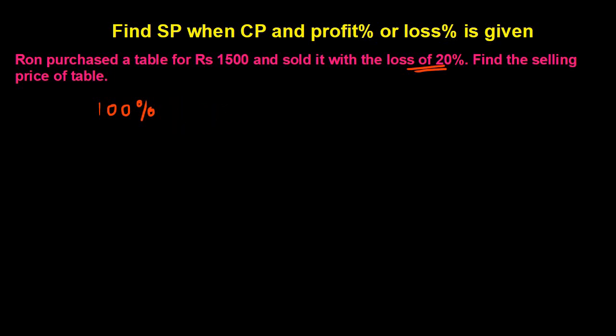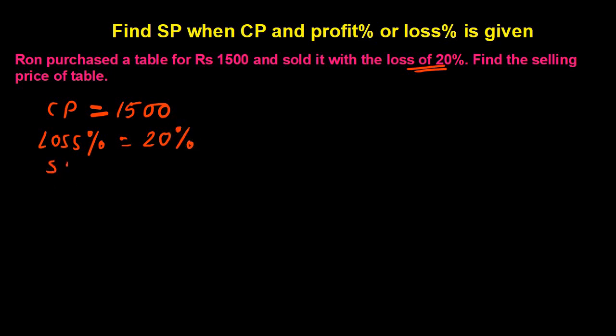Let's first write the information in a statement. That's a must, otherwise you will lose your marks. Okay, so what do we have? He purchased the table, so CP is equal to how much? 1500 rupees. Then loss percentage is 20%, and we need to find what? Selling price.